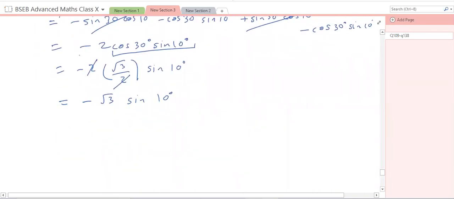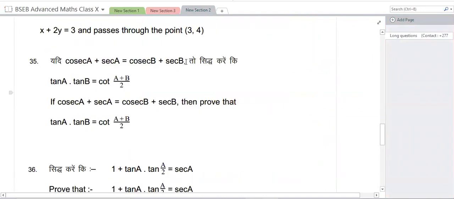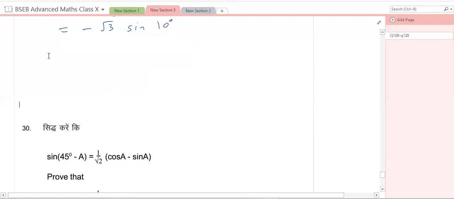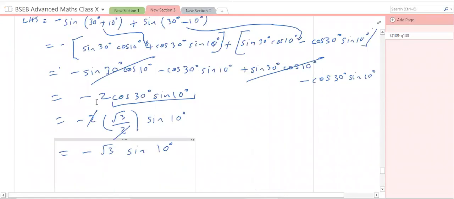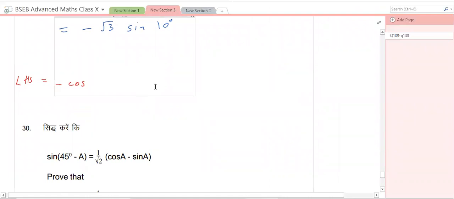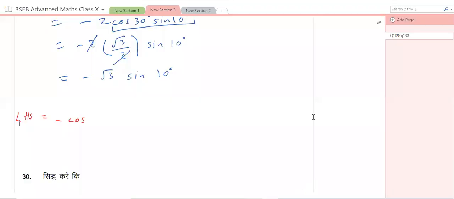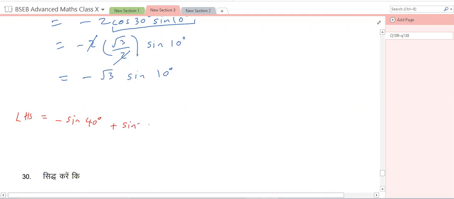Negative sine 40 plus sine 20 degrees is equal to cos 10. So I'm going to try to prove that it's equal to cos 10. Left-hand side is equal to negative sine 40 plus sine 20.